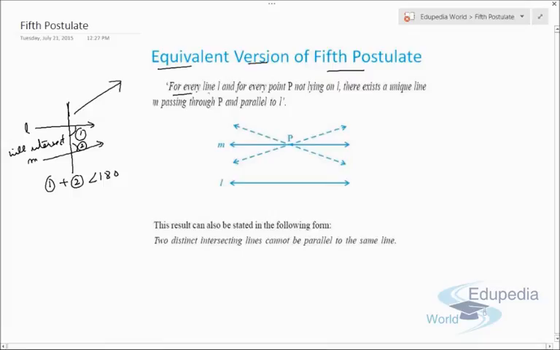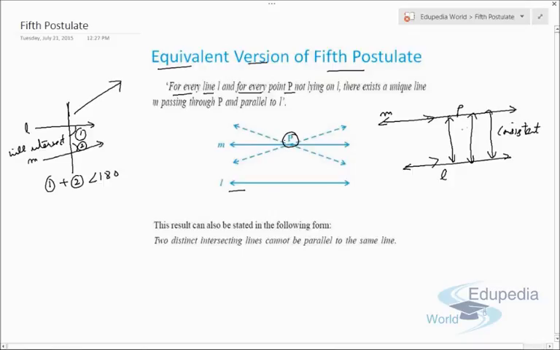So it says that for every line L and for every point P not lying on line L, there exists a unique line M passing through P. Suppose this is a line L and there is a point P, and the point P is not lying on the line L. There exists a unique line M which passes through point P and is parallel to L. Now parallel to L means that the distance between these two lines must always be consistent, or fixed.